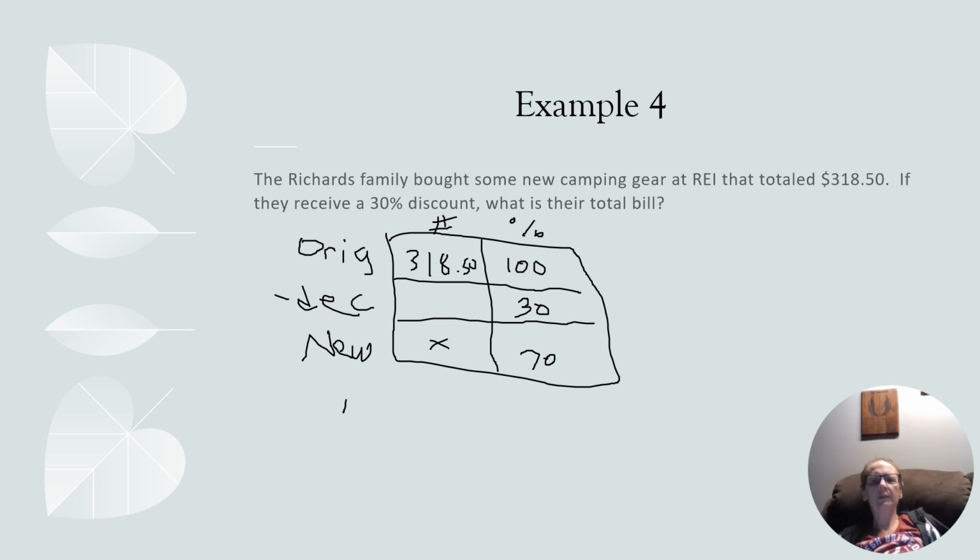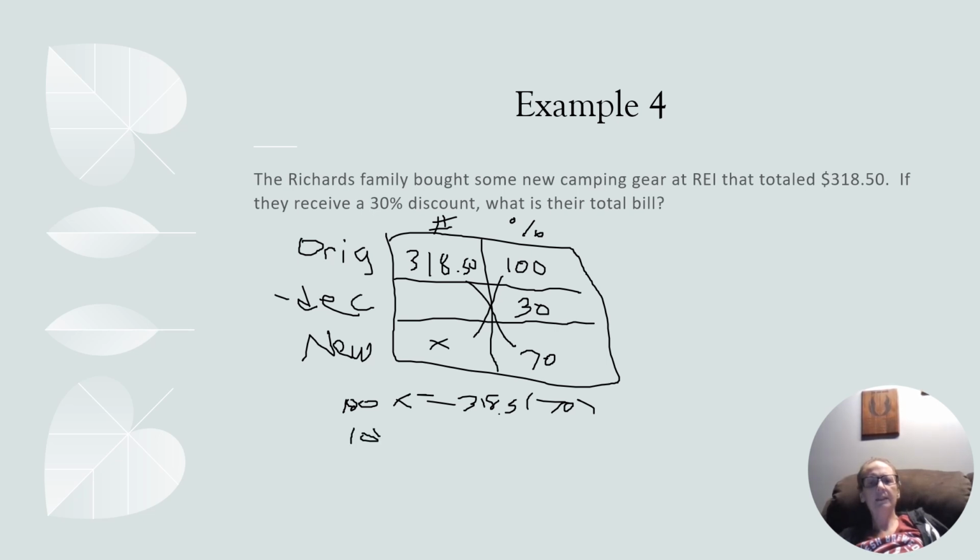So I have cross multiplying just these 4. We have 100X equals 318.50 times 70. So let's multiply that out. 318.5 times 70 is 22,295.